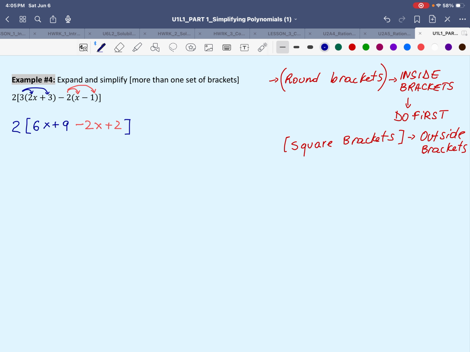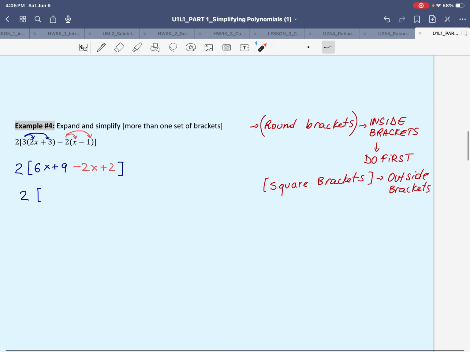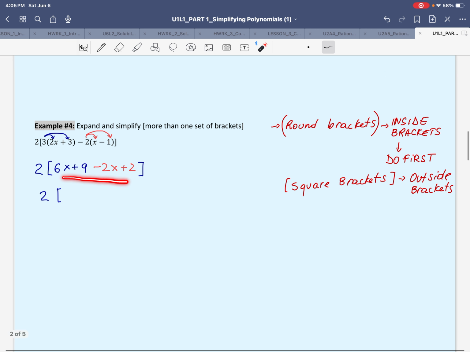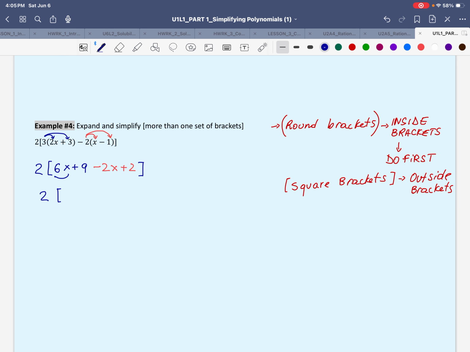Now remember that we need to simplify inside the brackets first, because of BEDMAS. So brackets have priority, and we have things we need to simplify here, such as 6x and negative 2x. So they're like terms. So you can group like terms and then simplify them, or you can just simplify it at this level.